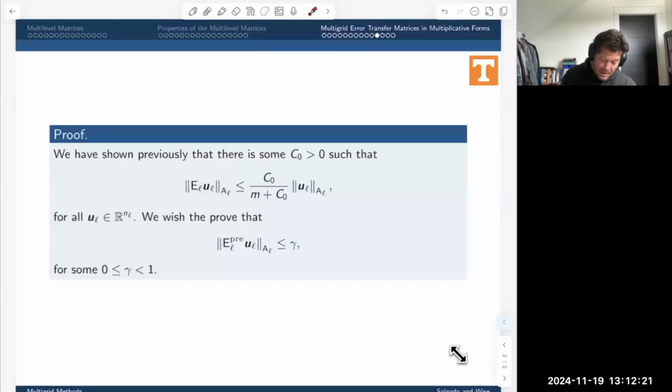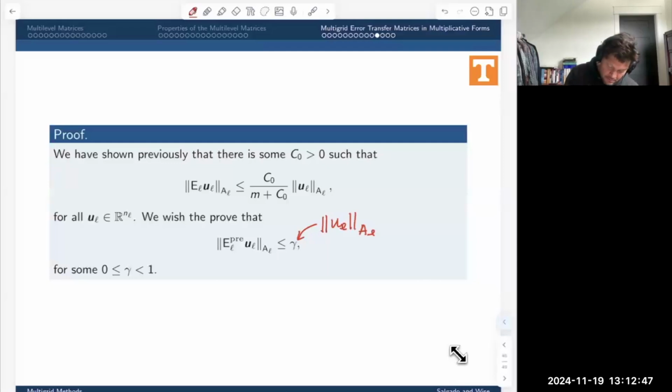So the easiest way to do this is to prove that this guy is less than, it should say, I need to change this. It's a typo. So either I should say its operator norm is less than that, or I have to add this.